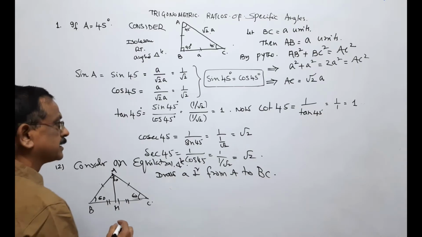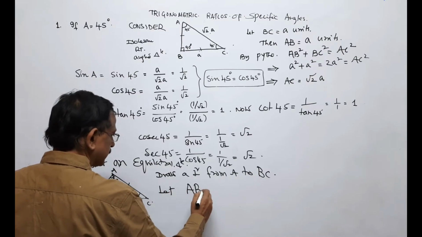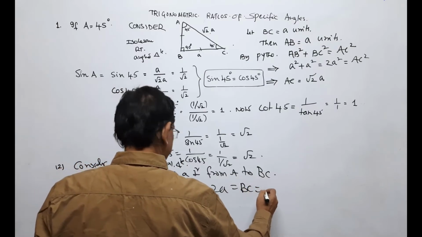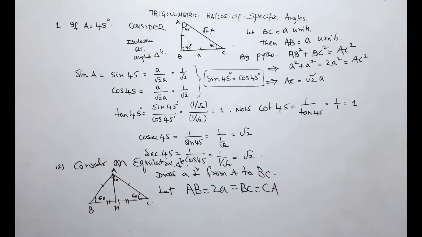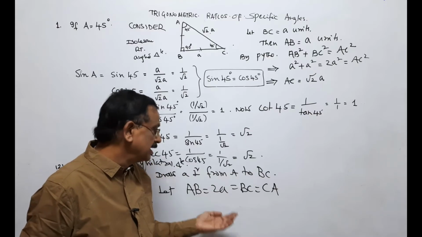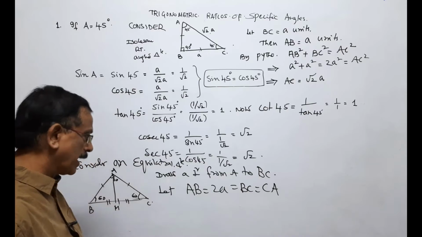For convenience, let AB equal 2A equal BC equal CA. I want to consider each of 2A units. You can consider A units, there is no harm in it, but it is a convenience so that I get the simple way.